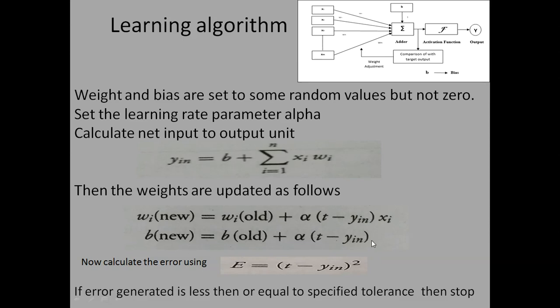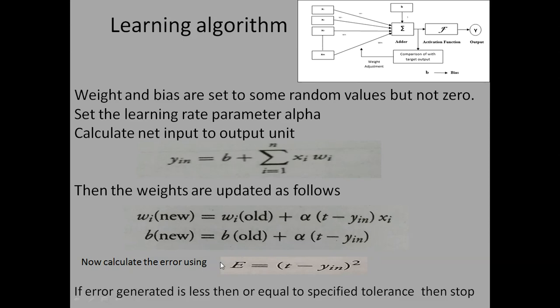For the bias, we do not multiply with any x, because its input value is always 1. So bias new is bias old plus alpha times (t minus yn) only. Accordingly, we have updated the weights for all these links, and for the bias also.